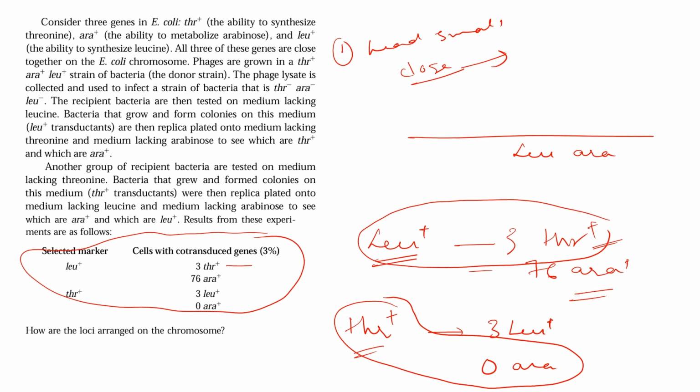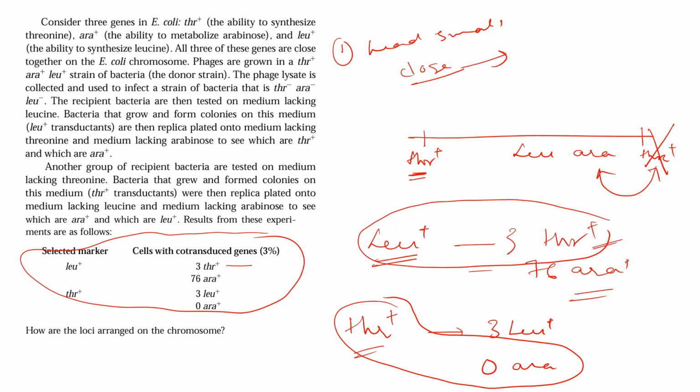This is leucine, this is arabinose, so where must threonine be? It cannot be present here, because if it were in this position, then co-transduction with arabinose would be possible. But in the result we saw that threonine has not co-transduced with arabinose. So this is not the position where threonine is present. Threonine is present at a place where it is connected with leucine but not arabinose.